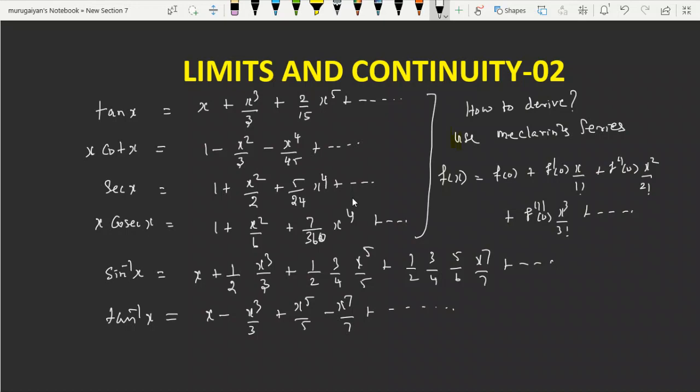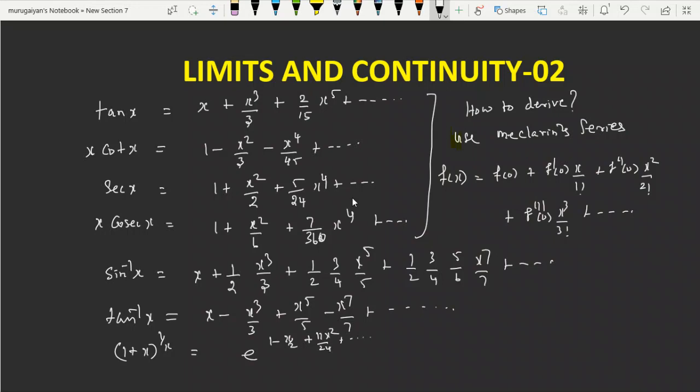And one more very important infinite series: 1 plus x whole power 1 by x. The infinite series of this one is e power 1 minus x by 2 plus 11 x square by 24.